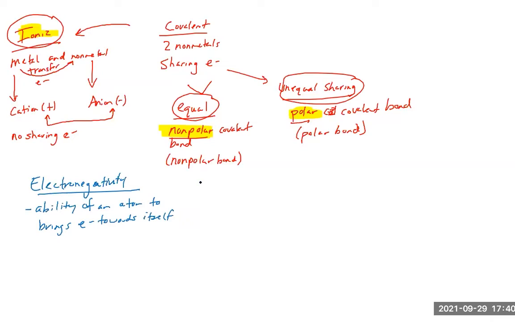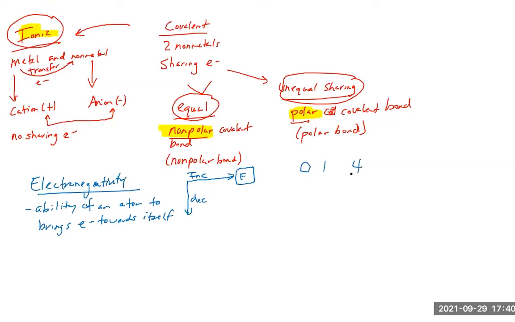And in terms of the periodic table, electronegativity increases as we go up and to the right on the periodic table, and it decreases as we go down, with fluorine being the most electronegative element that you could have. We also saw towards the end there that there was a value given for electronegativity that runs from 0 to 4.